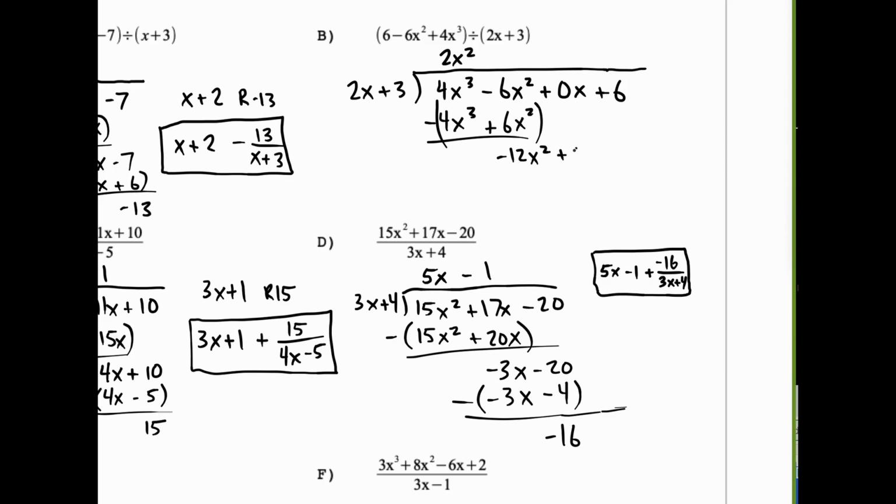I'll bring down my 0x. Now I think if I multiply by a negative 6x next, I can create negative 12x squared. We'll get that. These cancel out. We'll get 18x plus 6.